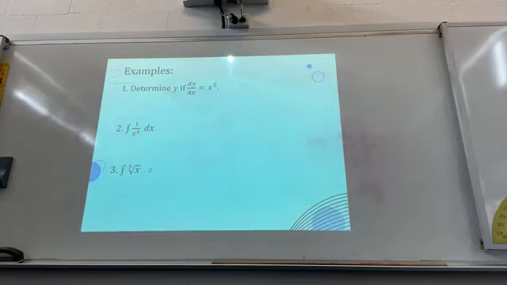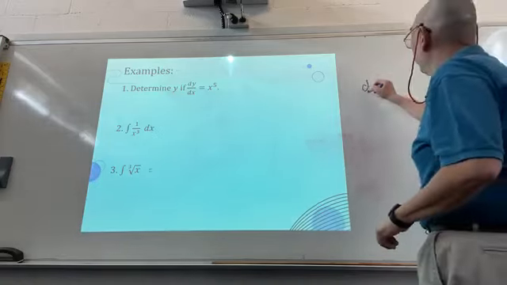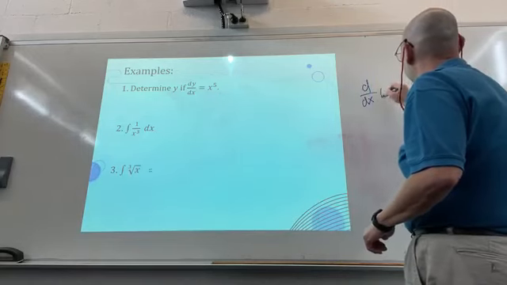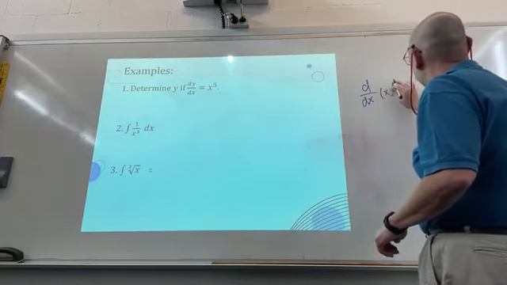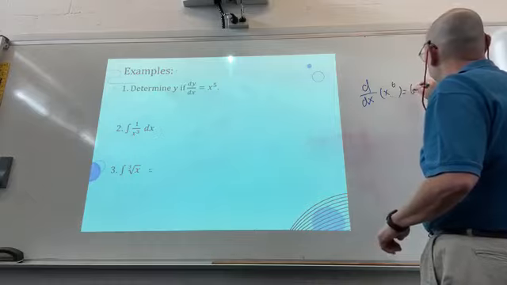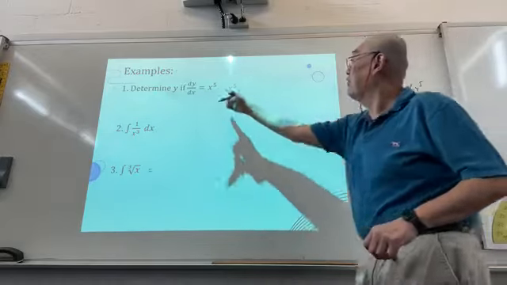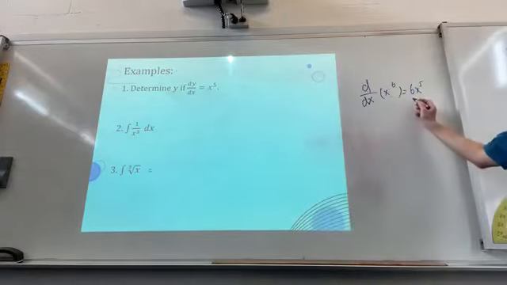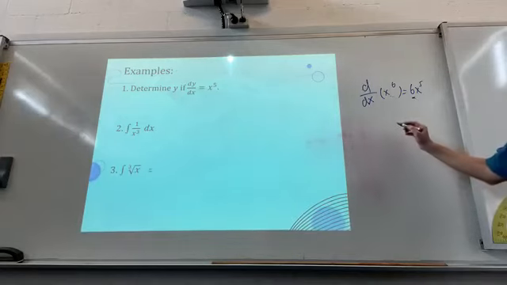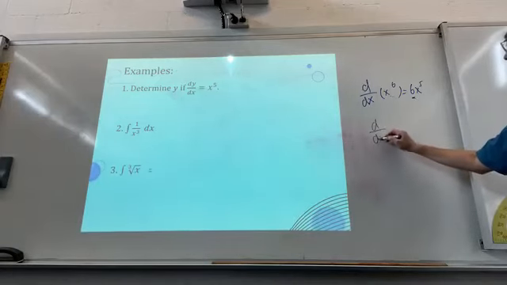So using your power rule, you know that x to the power of 5 comes from differentiating x to the power of 6. If I differentiate x to the power of 6, we've got 6x to the power of 5. Now, there's a missing 6 here. So what do we do? We can rewrite that.